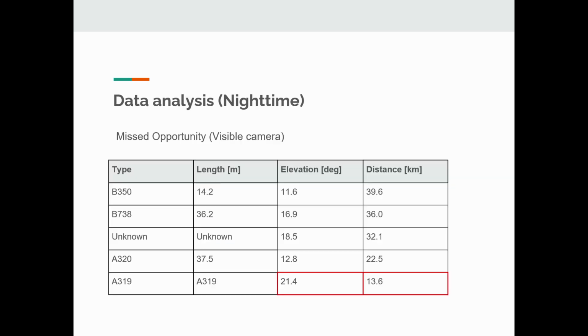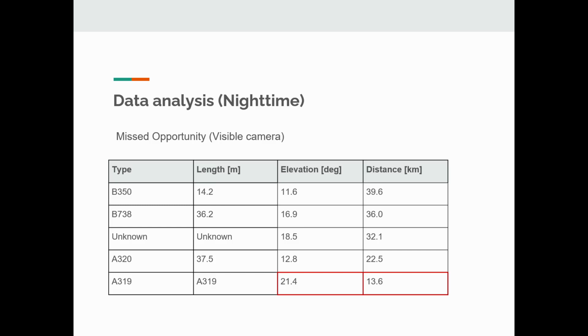For the RZ camera, we have the same trend. The aircraft have low elevation and the distance is quite high, except for one situation where the aircraft is above 20 degrees and at a distance of just 13 kilometers. Still, it is not detected.